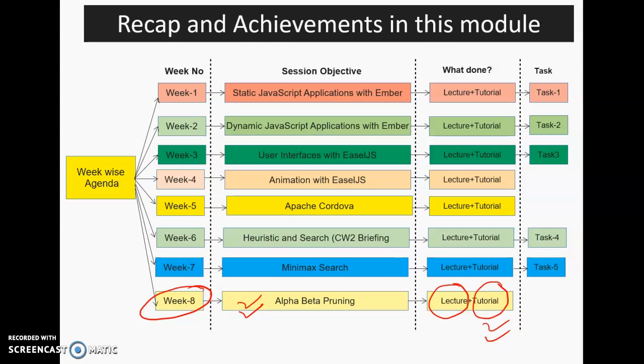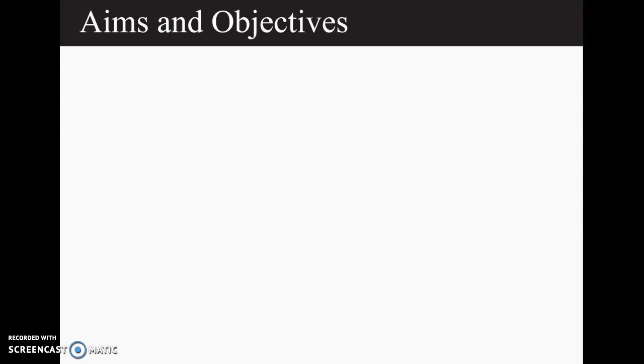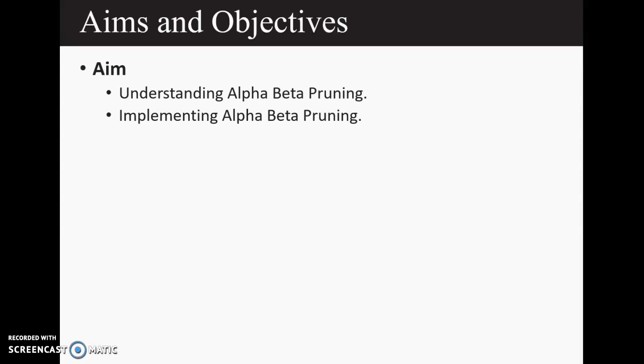In order to complete this topic, I have given the aim and objectives in the next slide. All in all, there are 2 aims identified for the week 8 session. Here you can see the first aim is understanding alpha beta pruning.